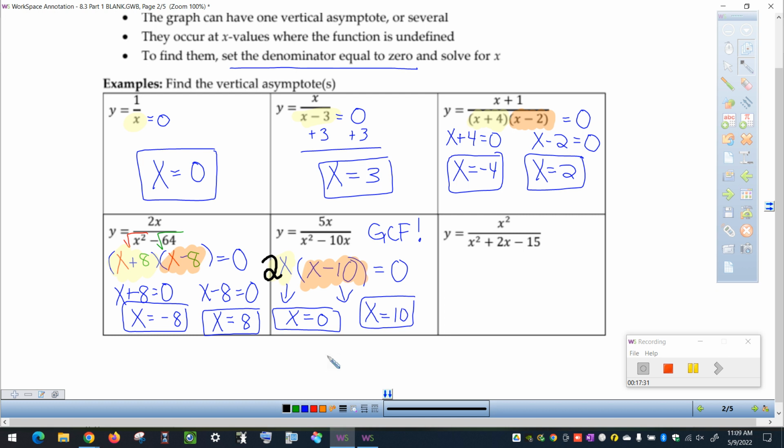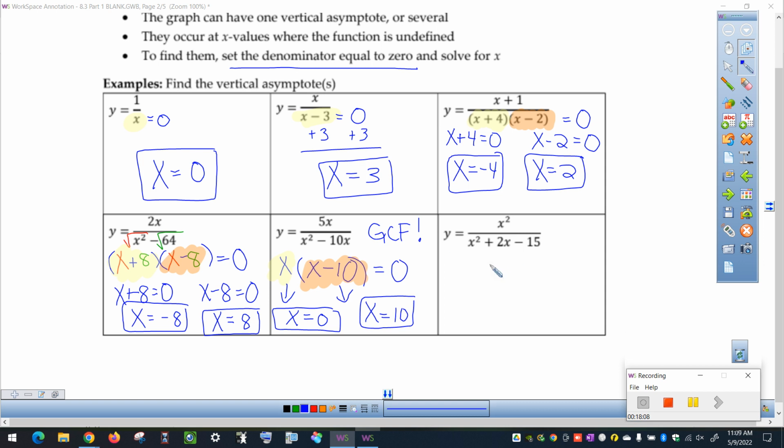Well, that 2, because it's not an x, it's not a variable, you can actually ignore that when we're solving these. If you think about this part here, if you get 2x equals 0 and solve for x, we'll divide both sides by 2. 0 divided by 2 is still 0. So really you can ignore that. If there happens to be another number in front, it's not going to affect what your vertical asymptotes are.